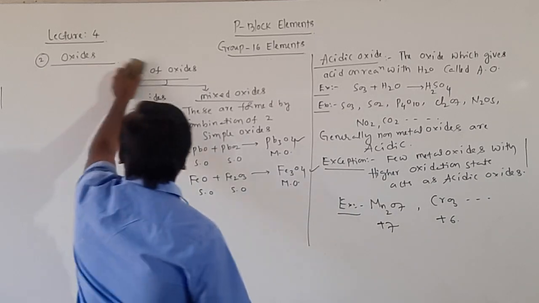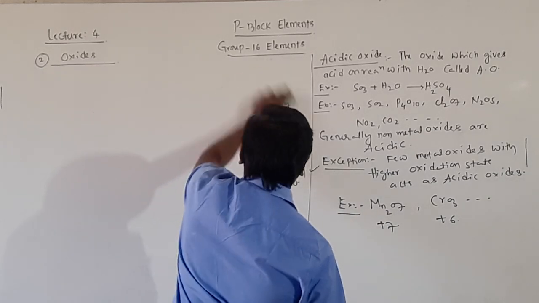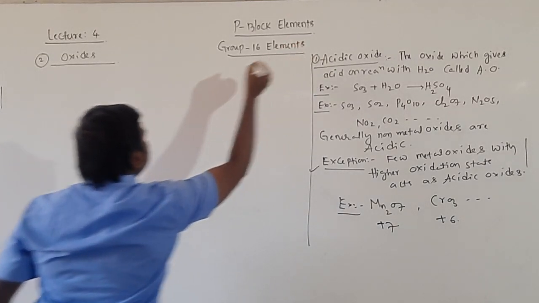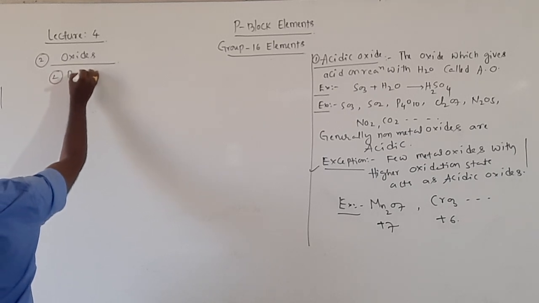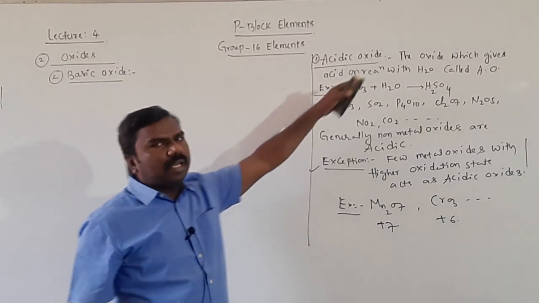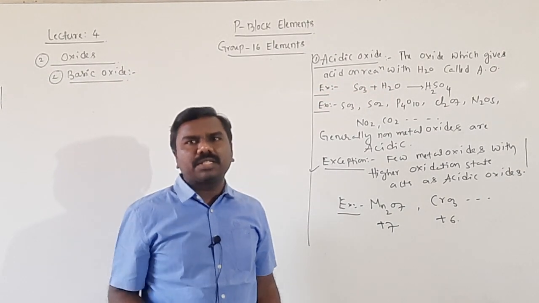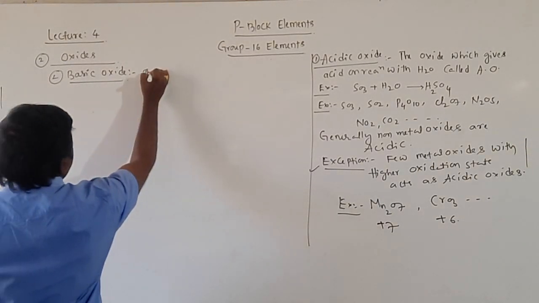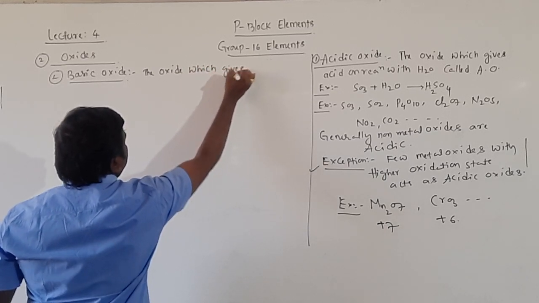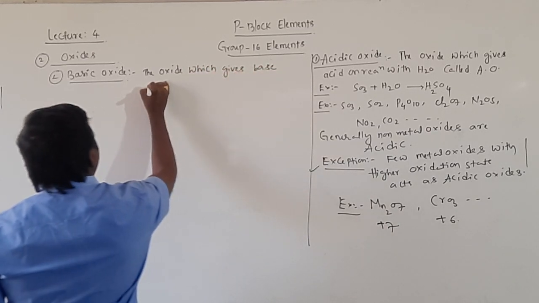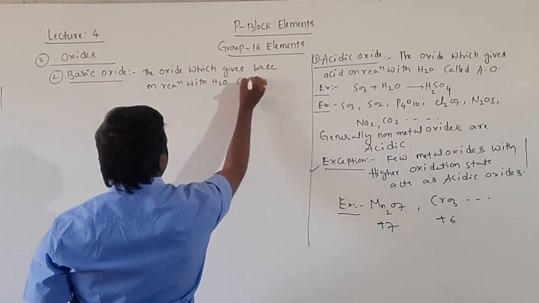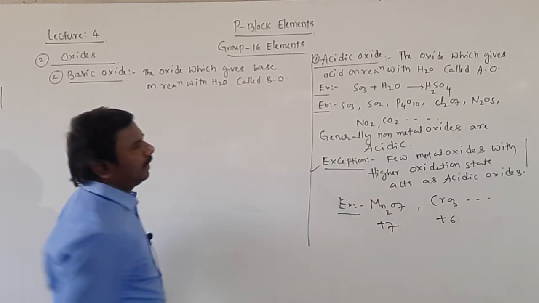Next one is basic oxide. The second simple oxide is basic oxide. It is the reverse of acidic oxide: the oxide which gives base on reaction with water is called basic oxide.